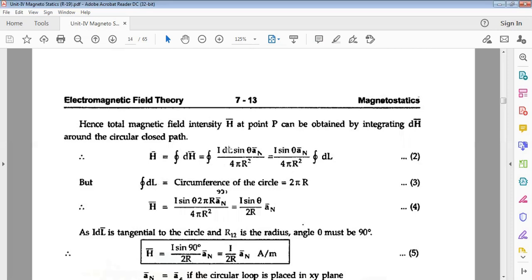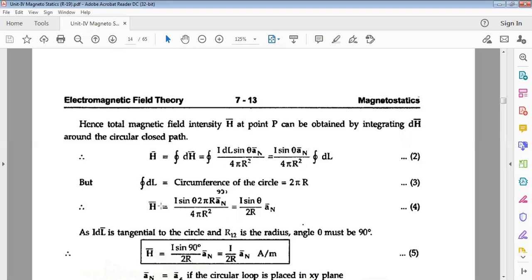H bar is equal to the line integral of I dl sine theta a n bar by 4 pi r square. The integral of dl is the circumference of the circle, which is 2 pi r.